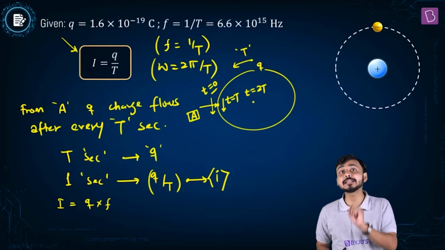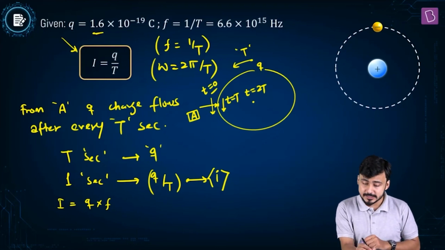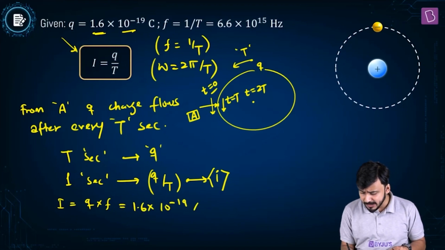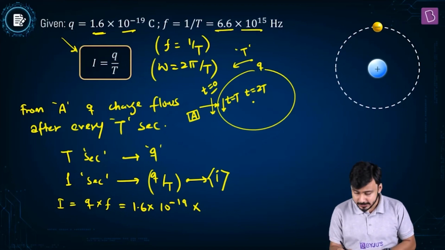Now Q is the magnitude of the charge. What is the magnitude of the charge of the electron? That's 1.6 into 10 raised to power minus 19, correct? That is 1.6 into 10 raised to power minus 19 multiplied by, what is the frequency given? 6.6 into 10 raised to power 15, correct?